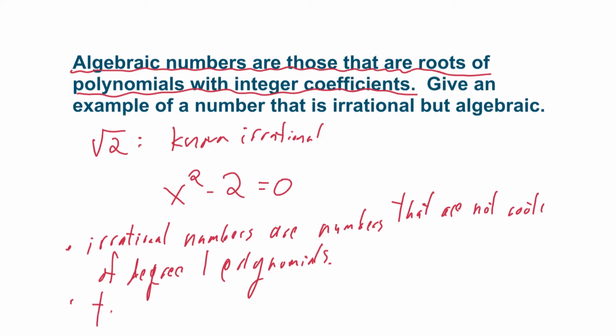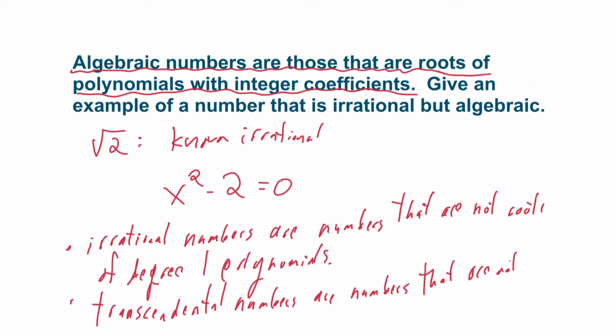Are there numbers that are not the roots of any polynomials? That is, not only are they irrational, that is to say, not the root of an order 1 polynomial, but they're also not the root of an order 2, order 3, order 4, or any. They do exist, and they're called transcendental numbers. So these are numbers that are not algebraic.